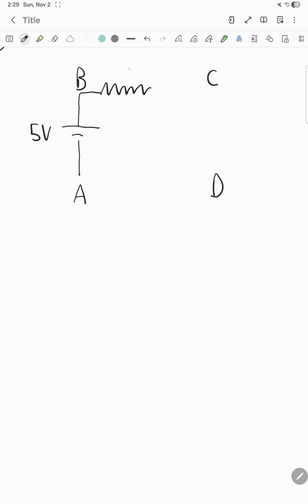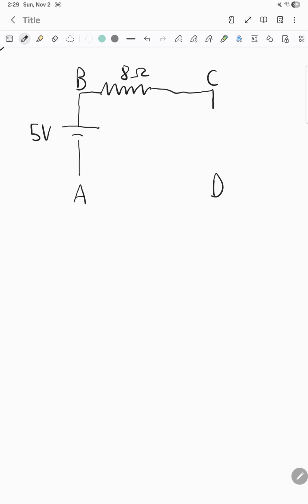So we say that our edges here will be A, B, C, and D. And then we have a battery here, a potential, right? A battery which creates a difference in potential of 5 volts. Goes to the battery like this. We have a resistor of 8 ohms.